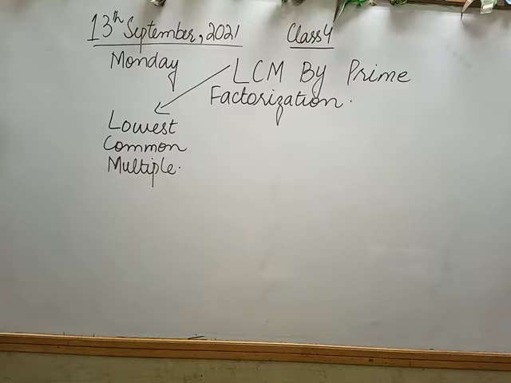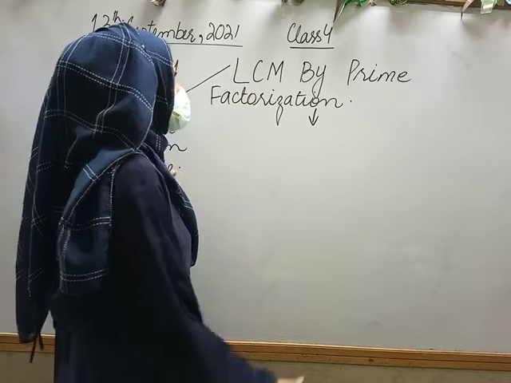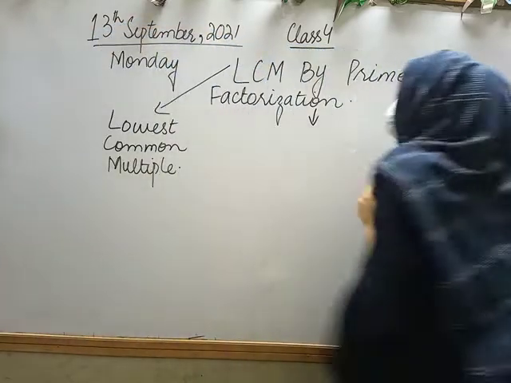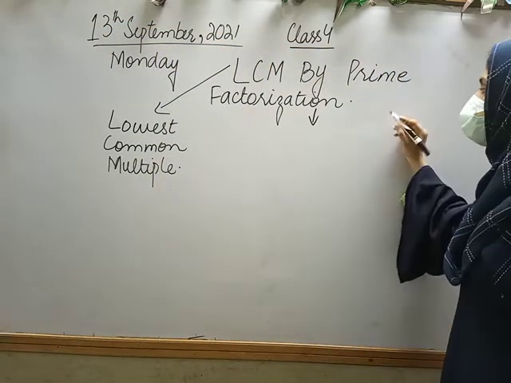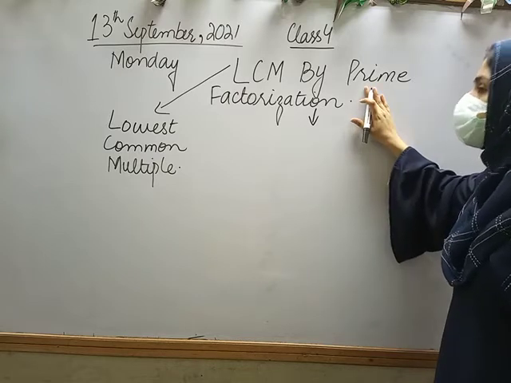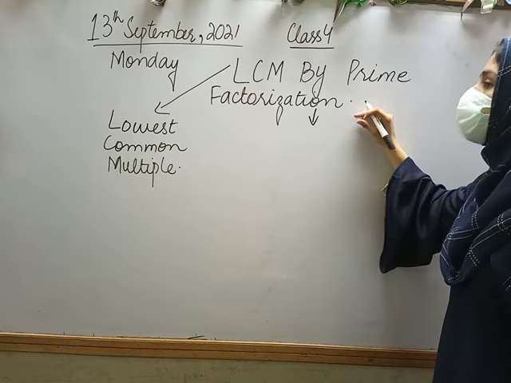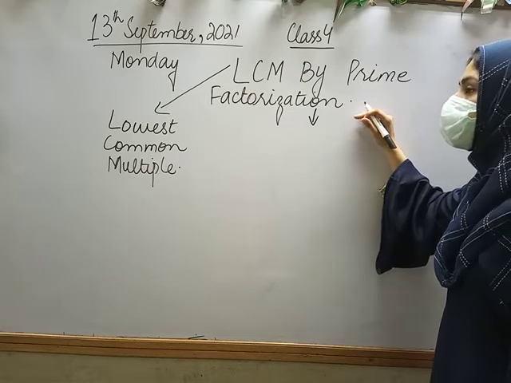Now, who will tell me what is prime factorization? Husna, you tell me. Very good. Prime factorization is actually finding which prime numbers multiply together to make its original number.